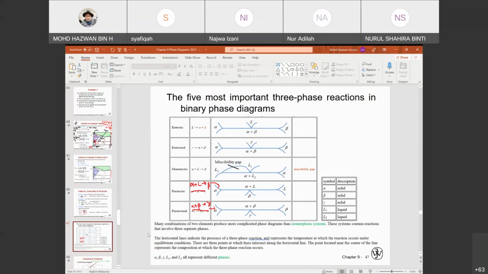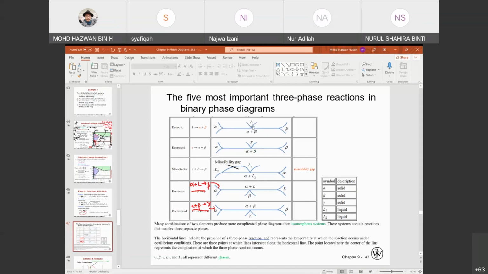Okay, so in order to determine the reaction, as I said, the first thing that you need to remember is that anything that forms a horizontal line in the phase diagram actually indicates some reaction. So for eutectic, it's very simple. You see a horizontal line, and then after that, you see the phase boundary between the liquidus and solidus, V shape.